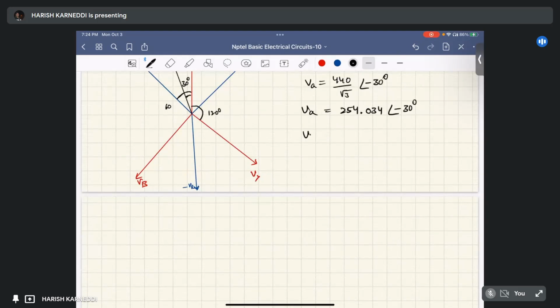So VB equal to 254.034 at an angle of minus 120 minus 30, it means minus 150 degrees, right? And VC equal to 254.034 at minus 240 minus 30, it is minus 270 degrees. These are the voltages.